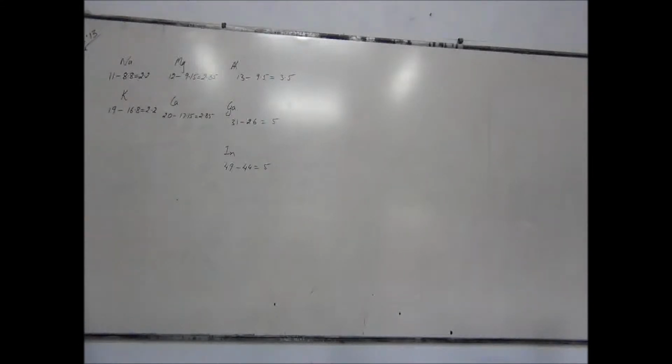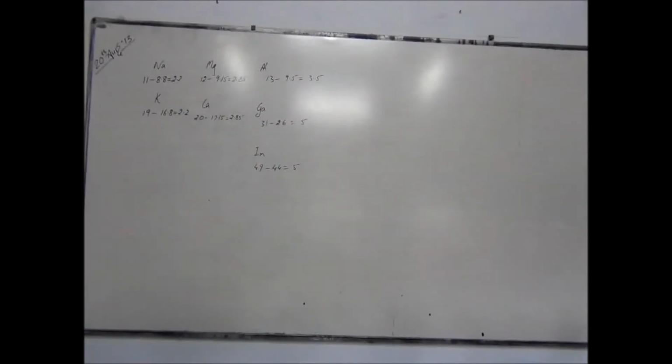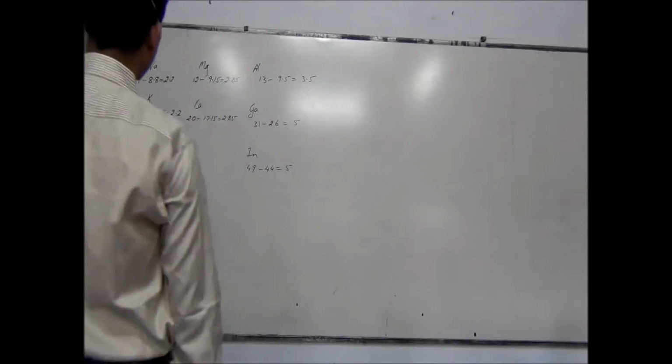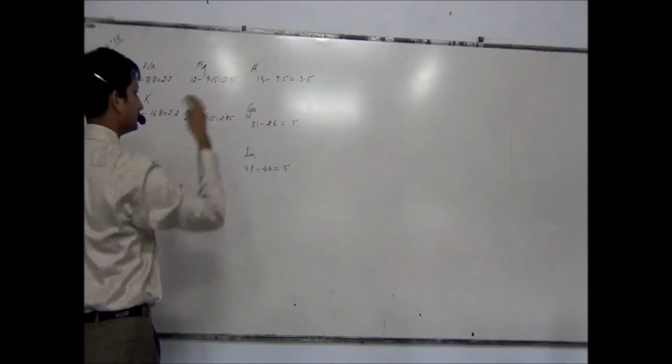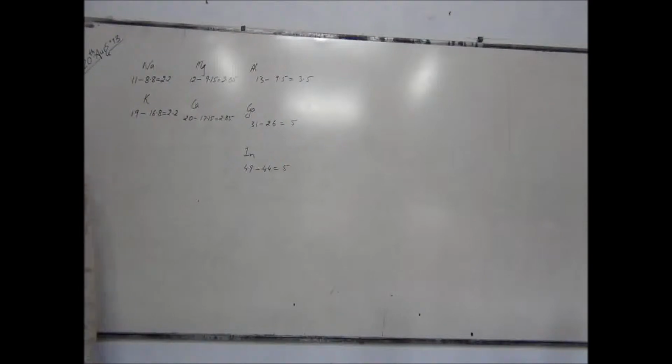Okay. Now, one thing you can very clearly see from here, that as we move across the period, the effective nuclear charge increases. As we move across the period, the effective nuclear charge increases.